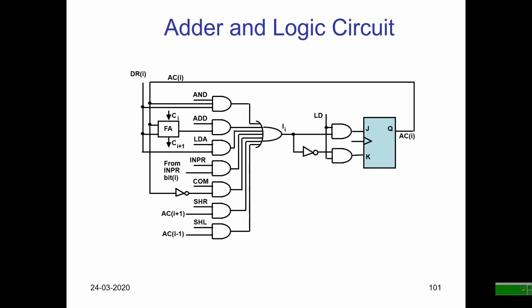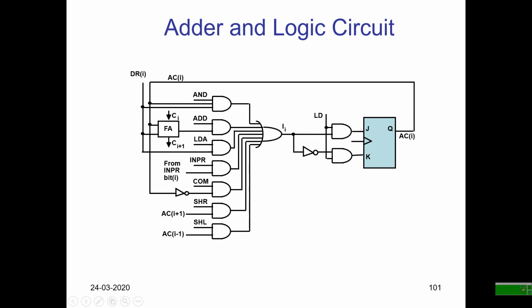Here the total circuitry is divided into 3 parts. First is your full adder and 7 AND gates and 1 OR gate. This is your adder and control logic circuitry. Here the load signal is coming from the logic gates, that means we can say it is the control gates circuitry.